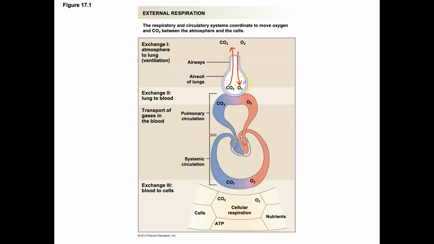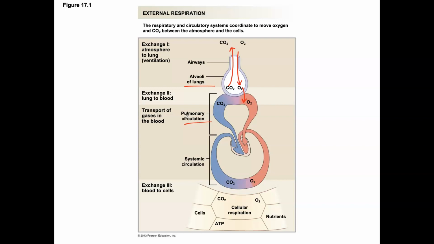Oxygen has entered into the alveoli, and we want to get that oxygen into the cardiovascular system. So we use a term called external respiration to talk about how we move respiratory gases between the alveoli of the lungs and pulmonary circulation, or the capillaries of the cardiovascular system.